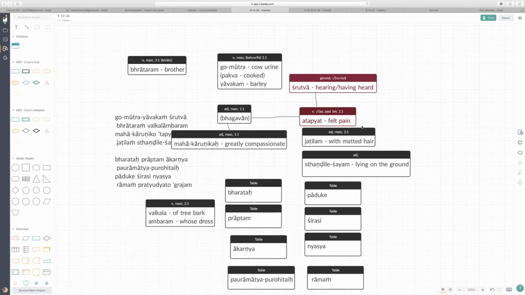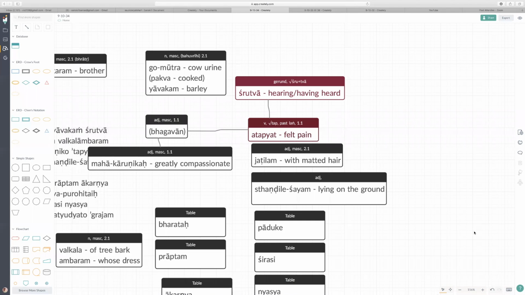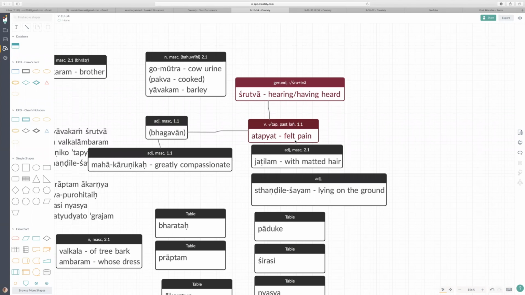Can felt pain have a subject? To feel pain in English sounds like two words, but in Sanskrit you can't really separate it. It has no object. To feel certain emotions is an intransitive action, because in English you separate it into words, felt pain, but in Sanskrit it's all together in one word, atapyat.